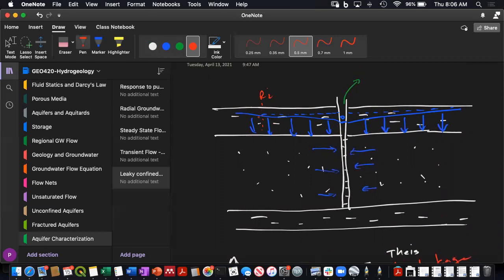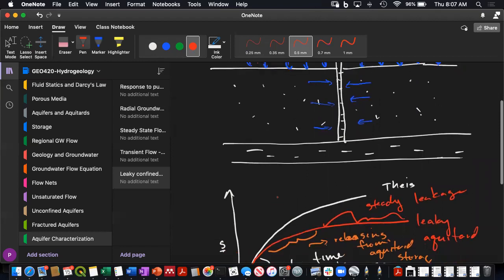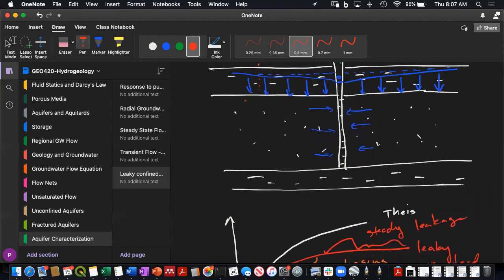The radius of influence is the maximum extent of the drawdown, but drawdown is not that. So anybody remember what drawdown is? Yeah, little s. It's the initial head, the head before we started pumping, minus the head at some time after pumping. So it's the change in the head.